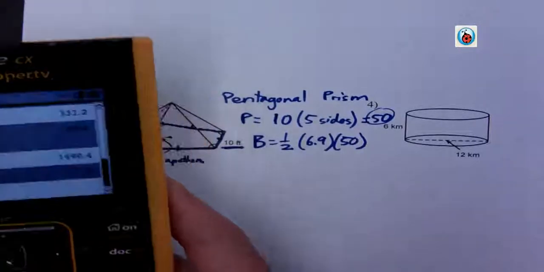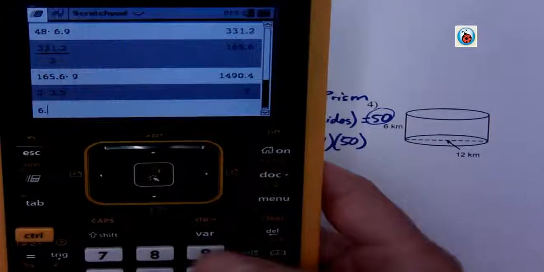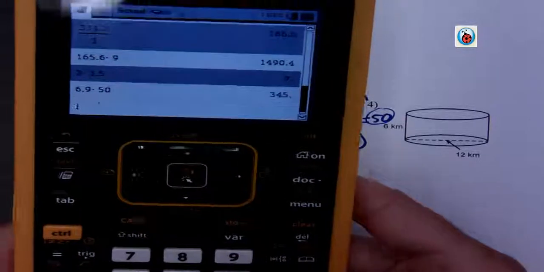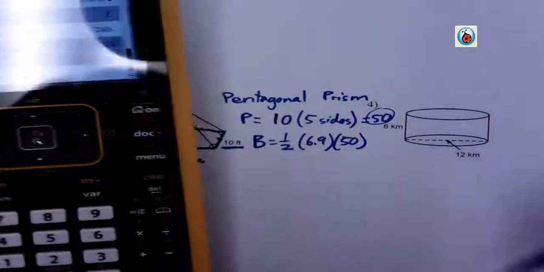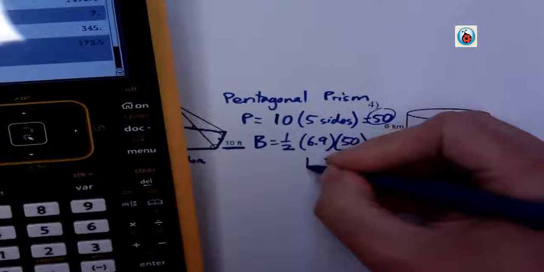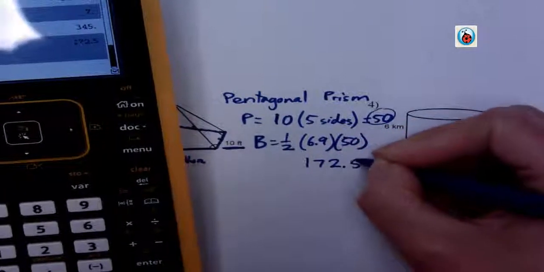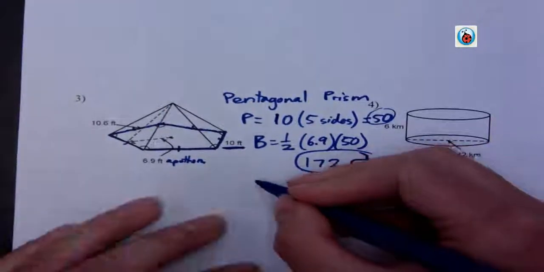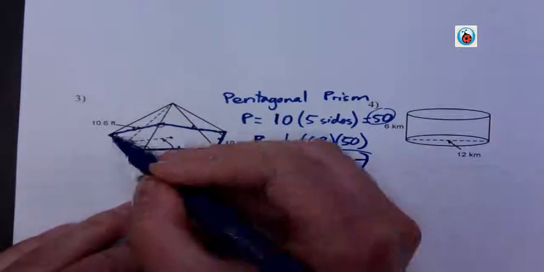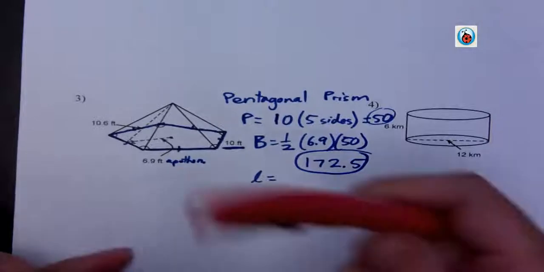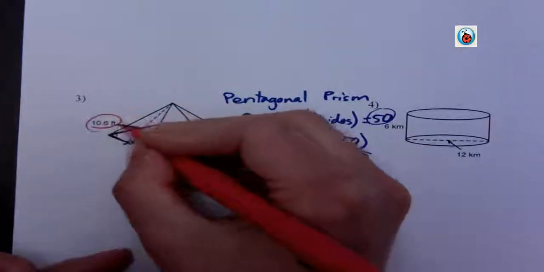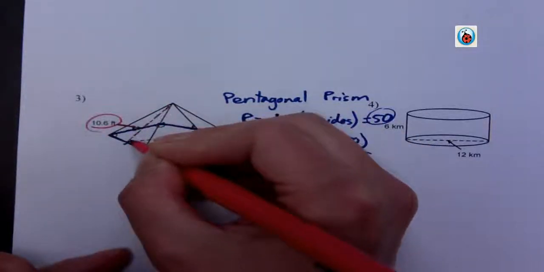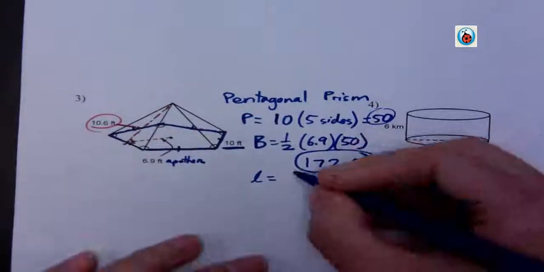And so I find that 6.9 times 50 divided by 2 equals 172.5. And then my lateral height equals the 10.6. It's pointing here to this diagonal line, which is that lateral height.